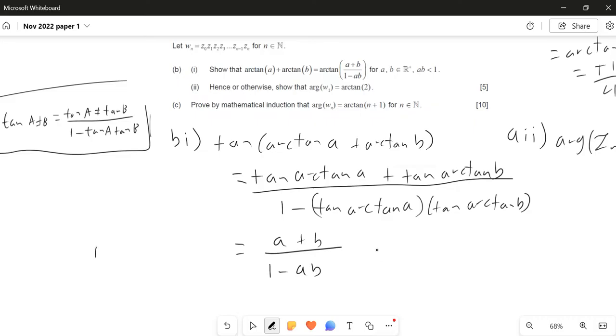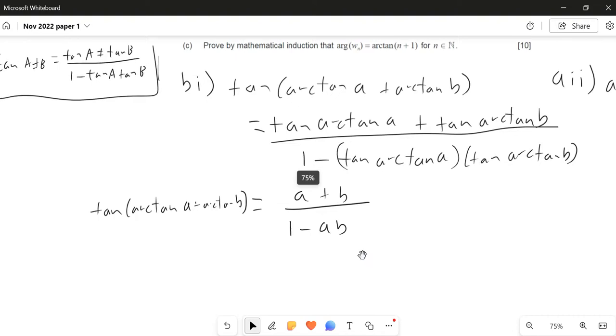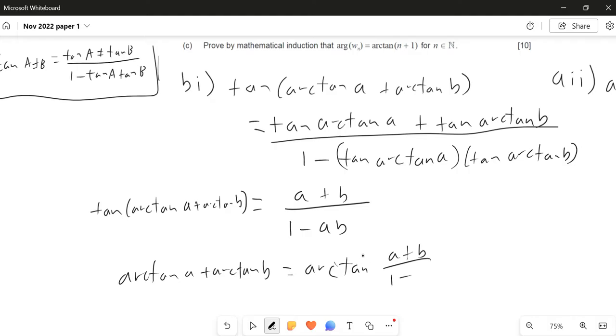So tan of arctan A plus arctan B equals A plus B over 1 minus AB, and then arctan A plus arctan B will be equal to arctan of A plus B over 1 minus AB, because we move this to the other side.